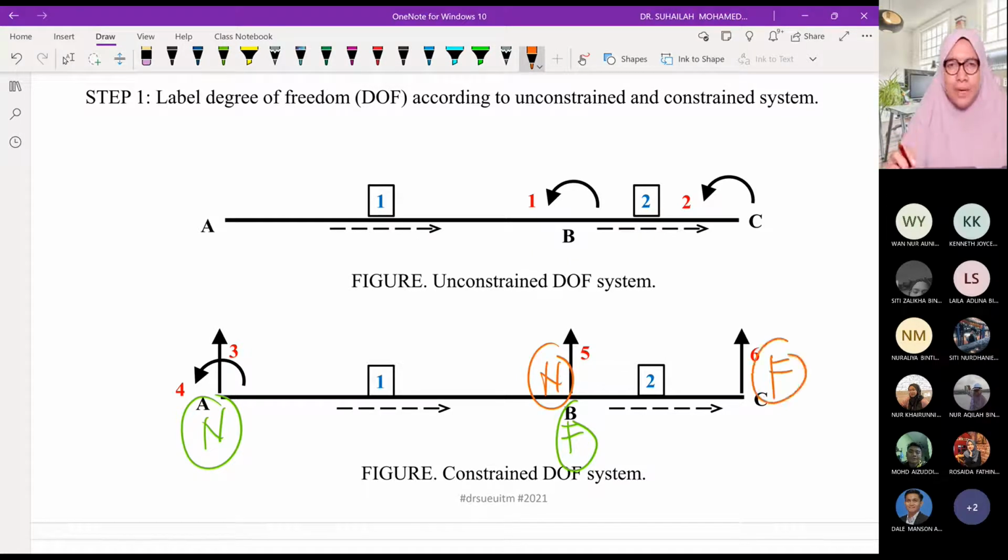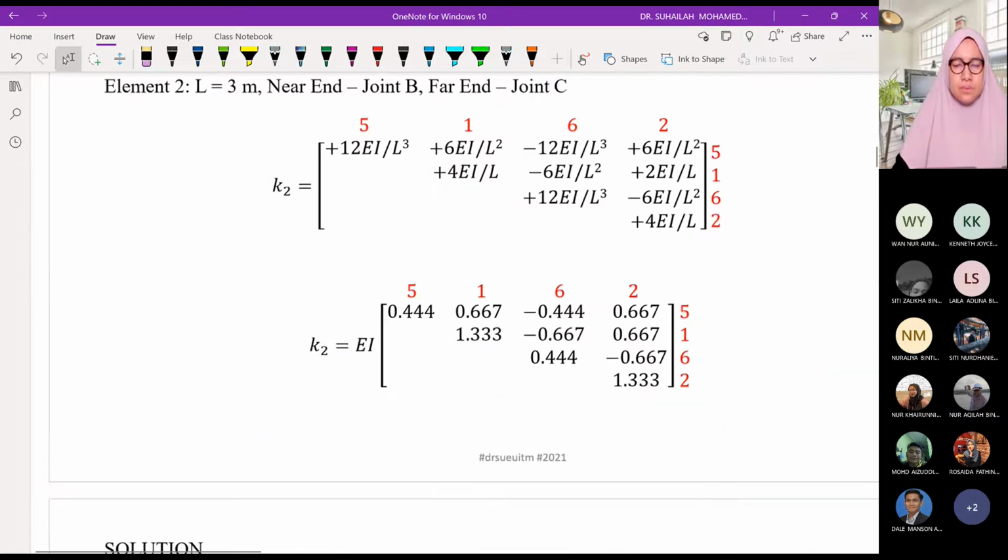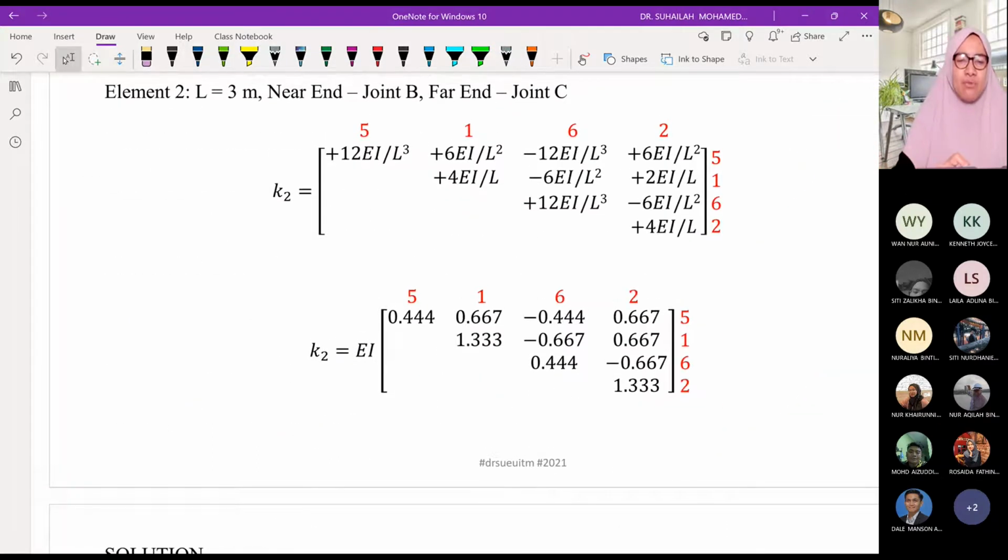The label for K2 will be 5162. You must label it correctly, because if you don't, you will get the wrong structure stiffness matrix.